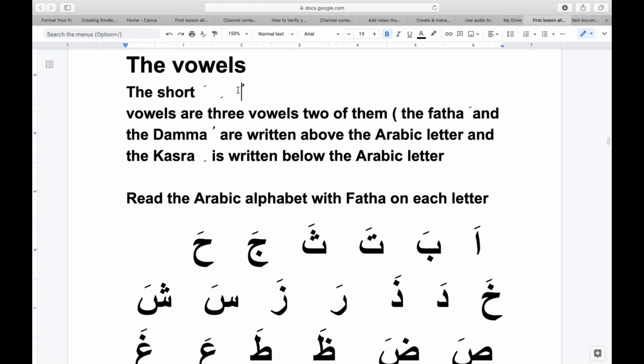So why do we name them dhamma, kasra, and fatha? When you pronounce these vowels, you will see something happen with your lips. With dhamma, when you say "ooh," you bring your lips close to each other.